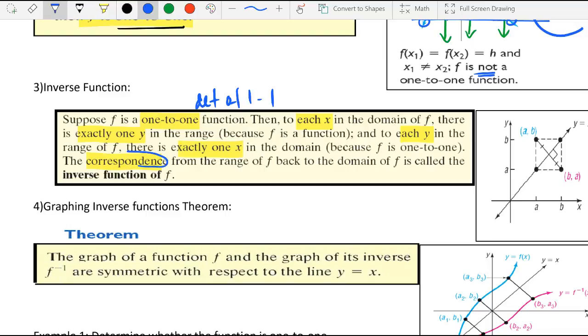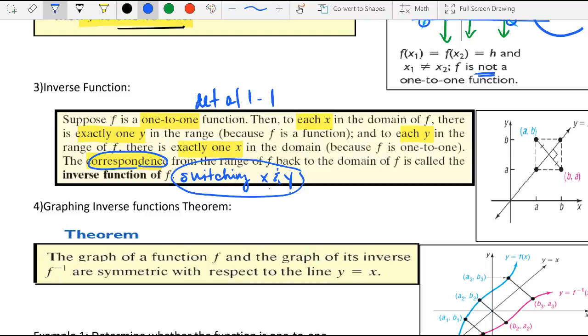What this really means is that you are switching x and y. So the correspondence from the range of f back to the domain of f is called the inverse function. If x in one function is exactly the same as the range in another, and vice versa, then those functions are inverses of each other.